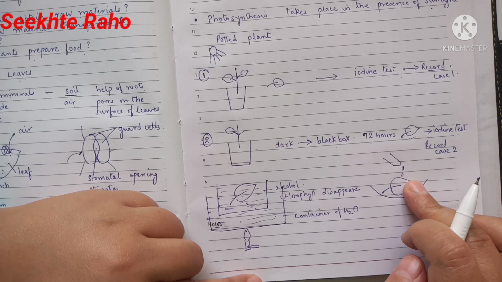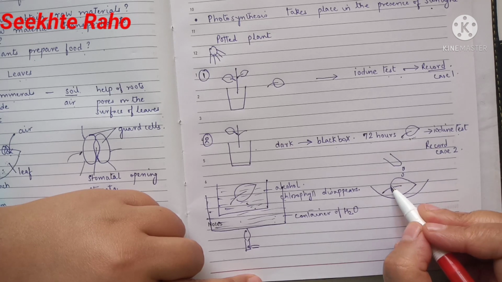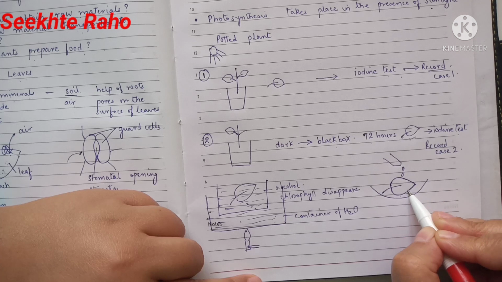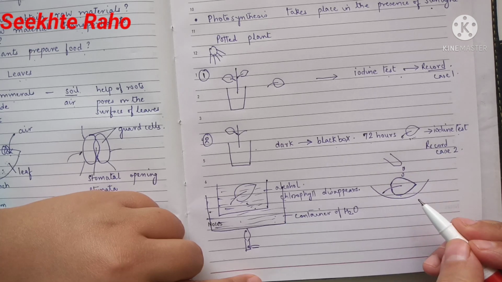You have done the iodine test in your previous class also, but that was on a substance which contains starch, right? You have also studied that a substance containing starch turns blue-black. If the substance does not contain starch, it will not turn blue-black.